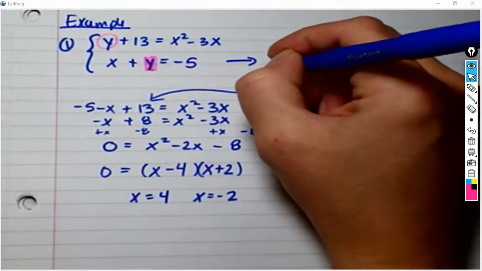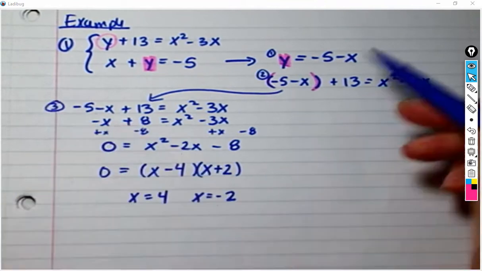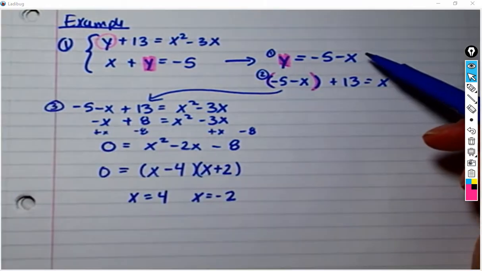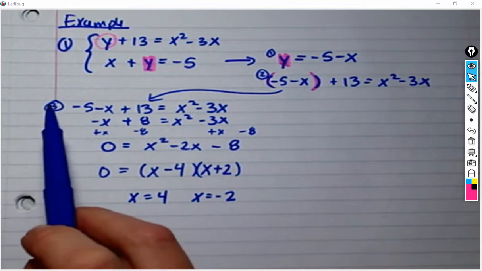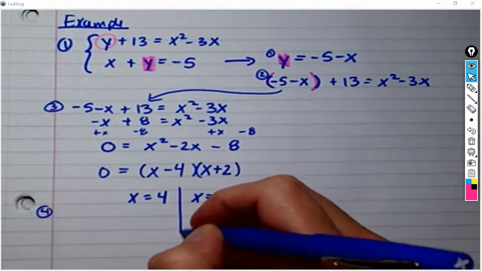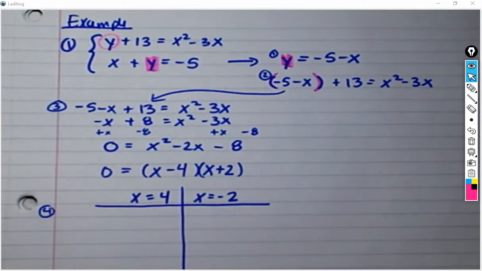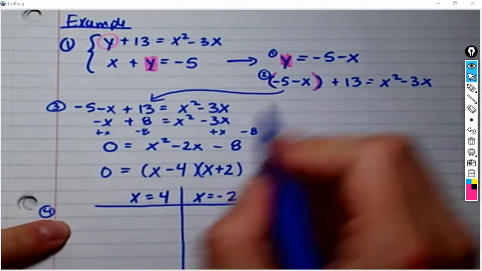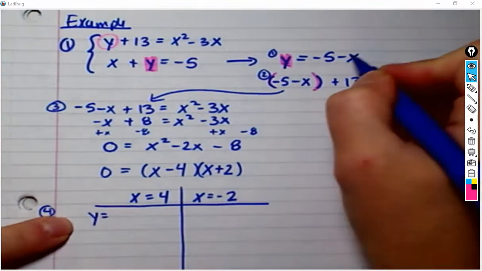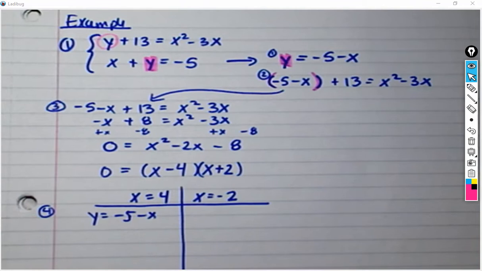So there's step 1, step 2, step 3, right? Pick a variable, substitute it, solve it. Step 4. You actually need to find the x, y points. Well, you already solved for y up here. So come back and use it to find the corresponding point.